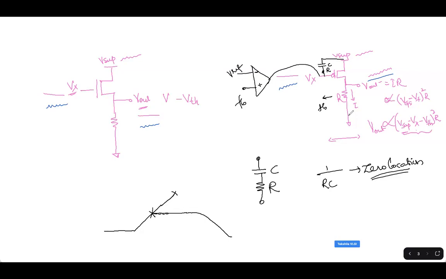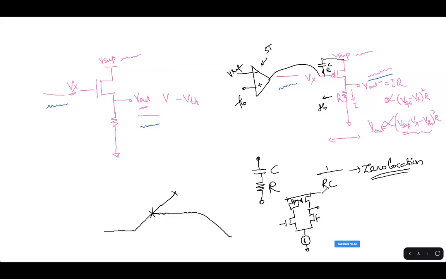Can we get something just from the 5T OTA? How does the 5T OTA look typically? It's NMOS input based. Something like this.